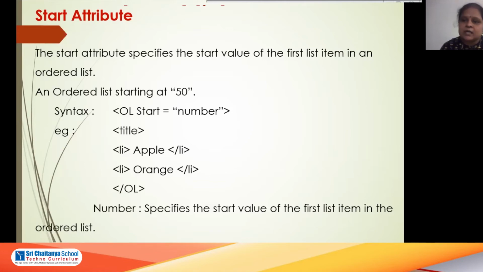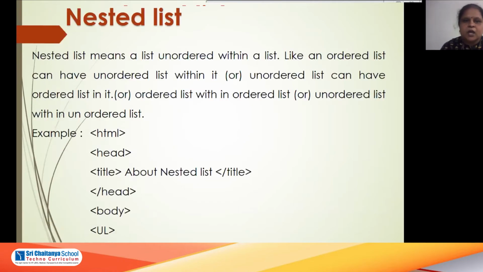But when you are starting with some number other than 1, then you have to specify the starting point. If you specify start as 50, then the bullets will start from 50, 51, 52, 53, like that, one below the other. I hope it is very clear.